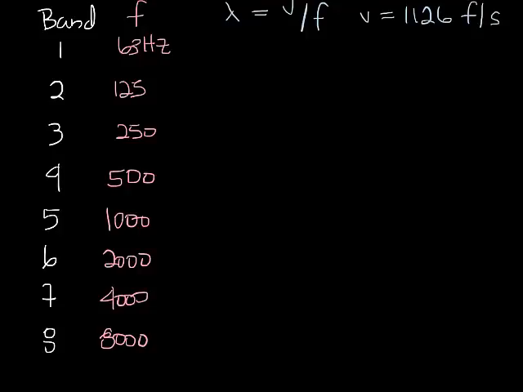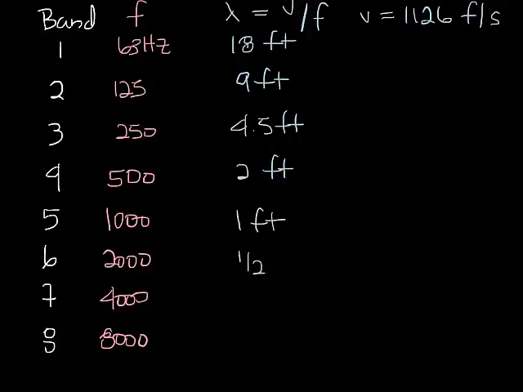So if we look at the octave bands again and do the math, you come up with the wavelength of the first octave band is about 18 feet, the second octave band is about 9 feet, the third's about 4.5, the fourth is about 2 feet, the fifth is about 1 foot, the sixth is about 1/2 foot, the seventh's 1/4 foot, and the eighth is about 2 inches.